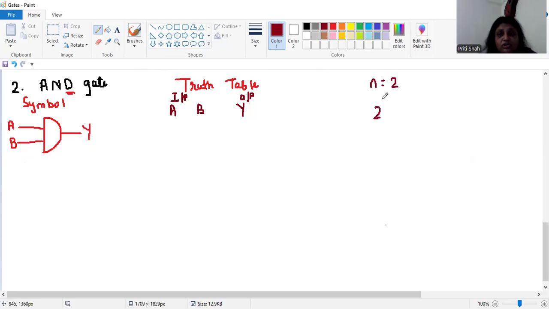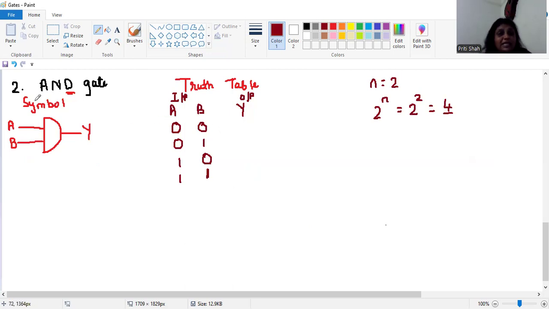So 2 raised to N, which is equal to 2 squared, is 4 combinations. So now let's start with B. Here we go from 0 followed by 1, 0 followed by 1. We have written it 4 times. And then for A we follow it by double 0, double 1.